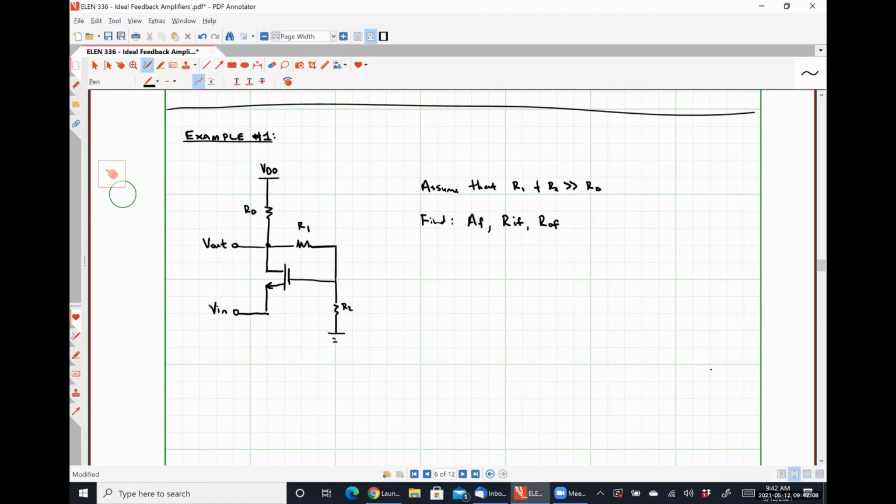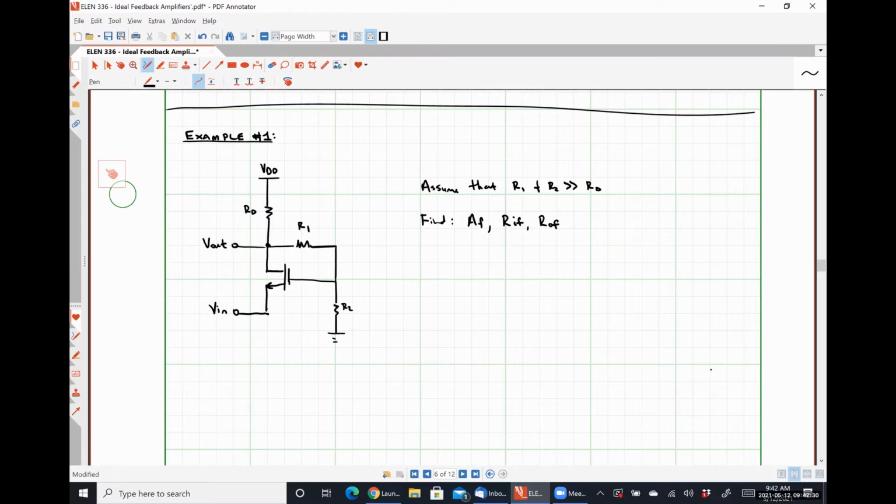My input is being applied at my source. My output is being taken at my drain. Common gate, okay? Common gate amplifier has a gain of what? Yep, gm RD. So that is our open loop gain.